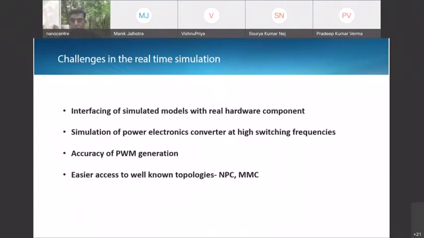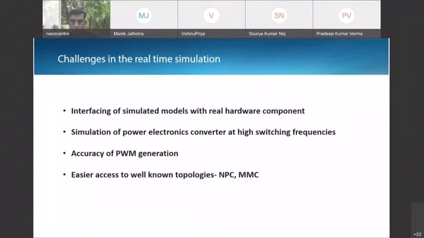We'll observe how the time step factor plays into the picture and leads to inaccuracy of the PWM generation. To increase the accuracy of PWM generation, we need to understand how this can be done and how we provide a solution for achieving higher accuracy.